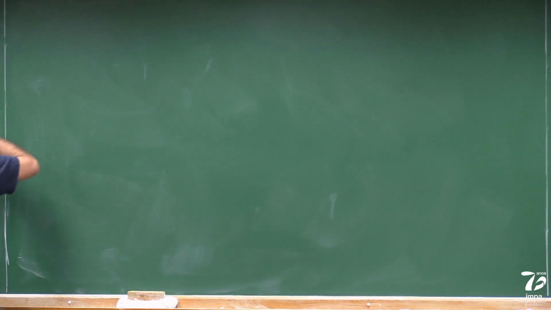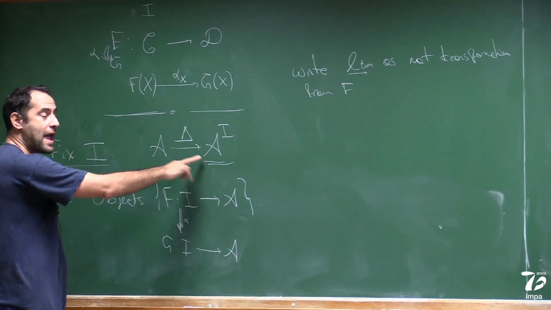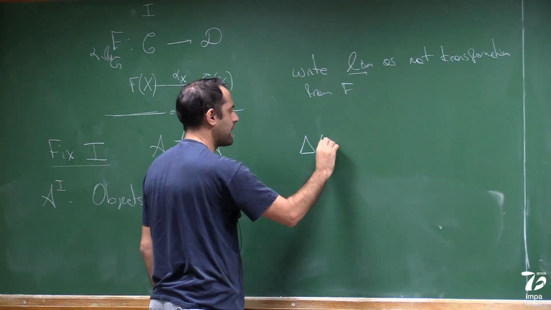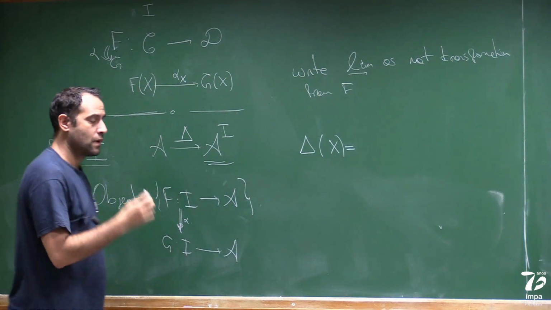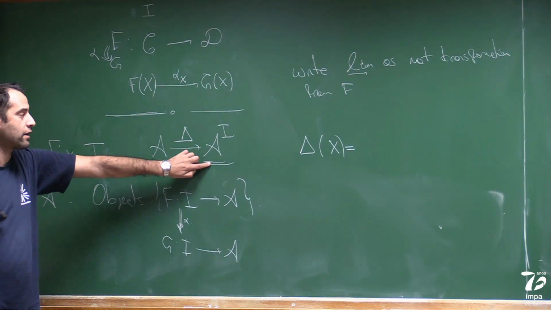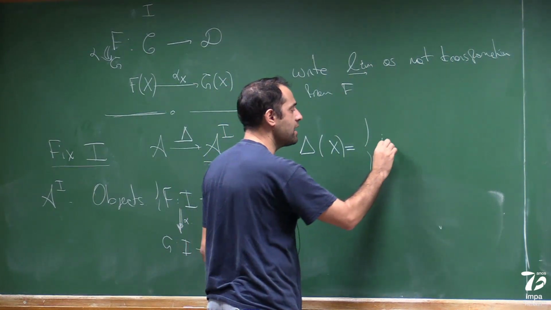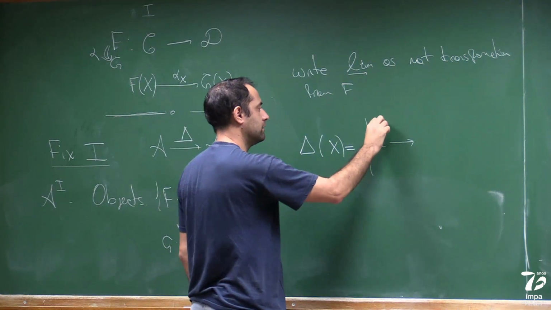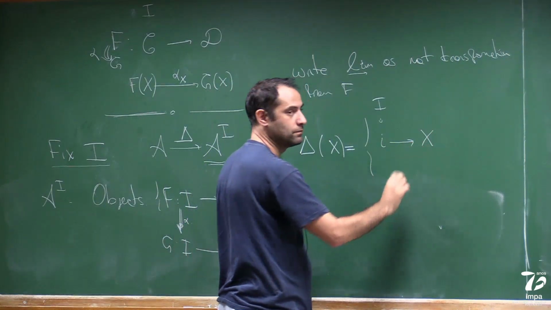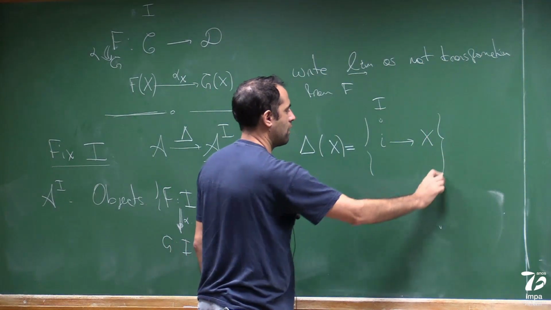Now, there's the following functor that I'm going to call delta. This is the diagonal functor. There is a functor from A to this category of functors. So delta of an object X: I want to give you a functor that goes from the category I to the category A. This functor is going to be the functor that associates to the object I in I an object of A, and it's going to be X. So this is on objects.